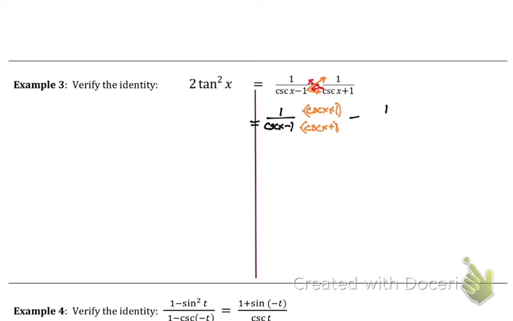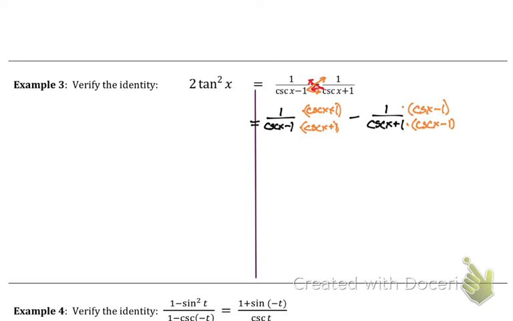And then I was given a 1 over cosecant x plus 1, multiplied by the other denominator. The other denominator is cosecant x minus 1, and this one is cosecant x minus 1.